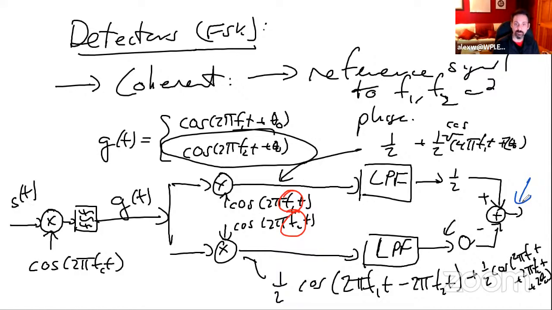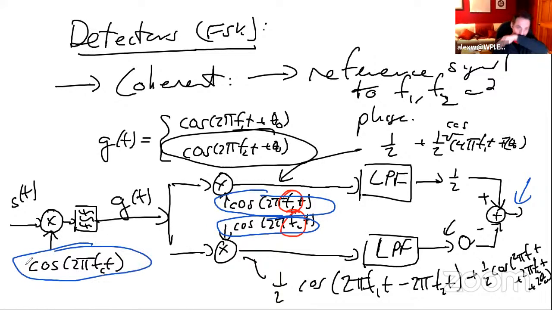But very importantly, we would have to have a reference signal here. We would have to have a reference signal here. Obviously, we would have to demodulate down to baseband, to g of t. So we would have had to bring all of this down to DC, and then do the demodulation process there, or at least at some lower frequency.